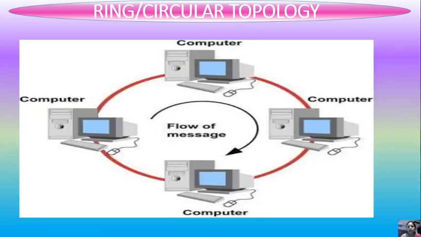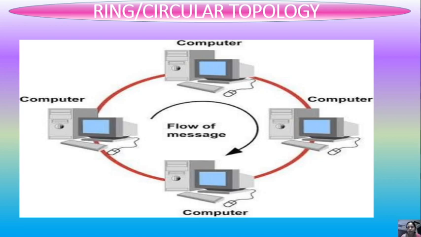Now the next type is ring topology. After star and bus, this is the third type. This is ring topology, and it is also called circular topology. As you can see in the image, systems are connected with each other in a circular way, in a ring pattern.